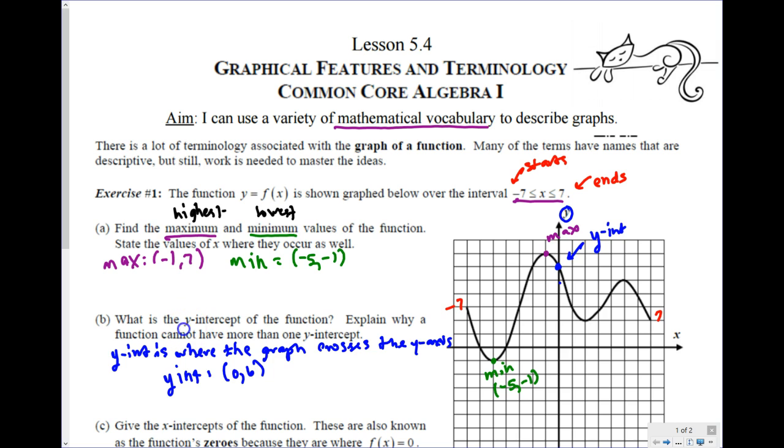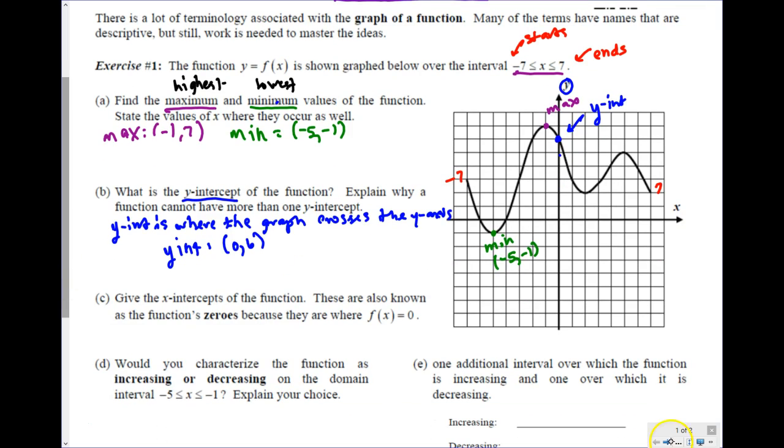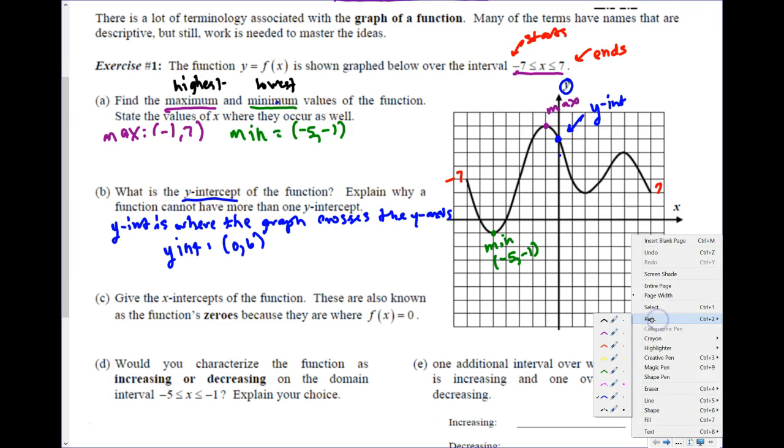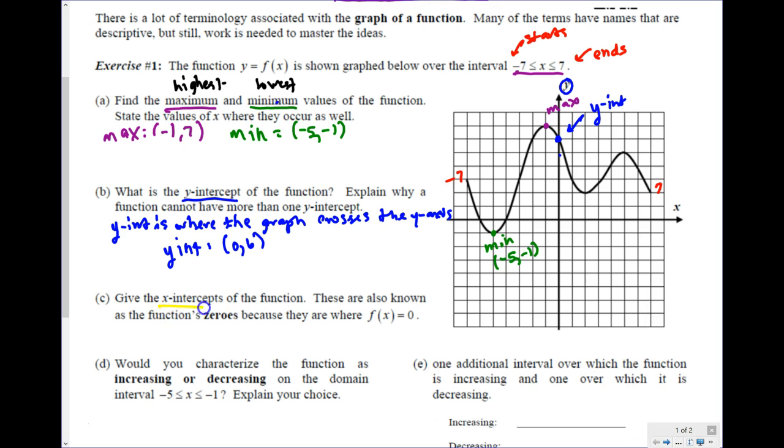So now we've had 3 words to think about: maximum, minimum, and y-intercept. The next thing to think about, and this is really, really important as well, are your x-intercepts. Your x-intercepts, hopefully you can see the yellow, are where the graph touches the x-axis. So here's my x-axis right here, where I circle on the right in yellow.